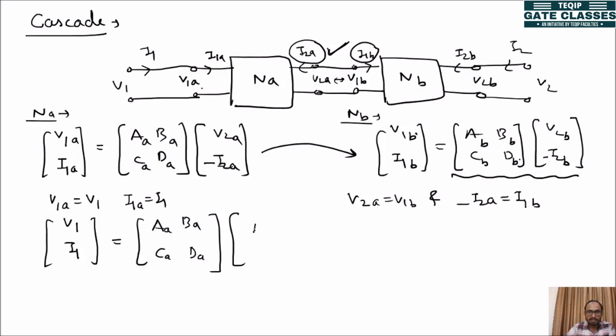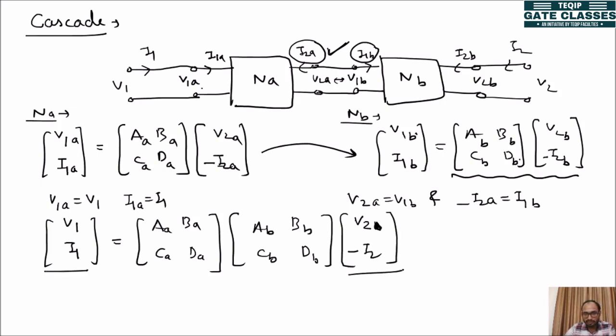Then we can get AB, BB, CB, DB times V2B, which is nothing but V2, so no need to write B here. And minus I2B is nothing but minus I2. So this is V1, I1, this is V2, minus I2. In between, this will act as a complete ABCD parameter.